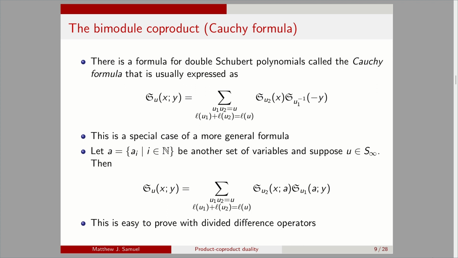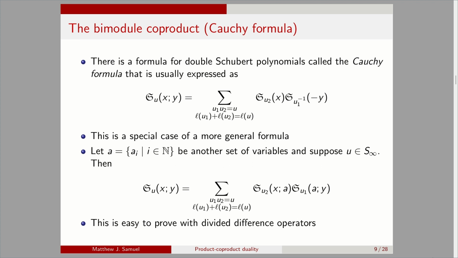A very well-known formula, I believe it was first found by Macdonald, is called the Cauchy formula. We express S_u of x, y as a sum over u1 and u2 in S infinity, such that u1 u2 equals u, and the lengths add up: the length of u1 plus the length of u2 is equal to the length of u, of this product, S_{u2} of x times S_{u1 inverse} of negative y.